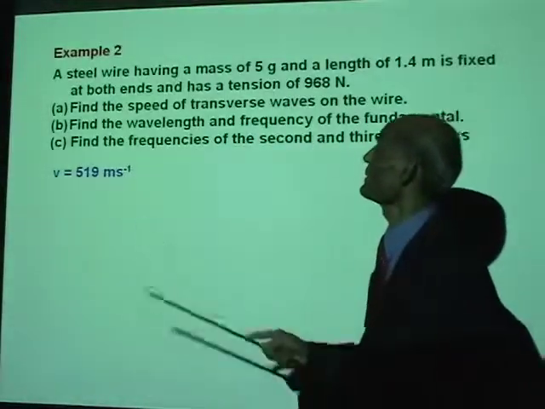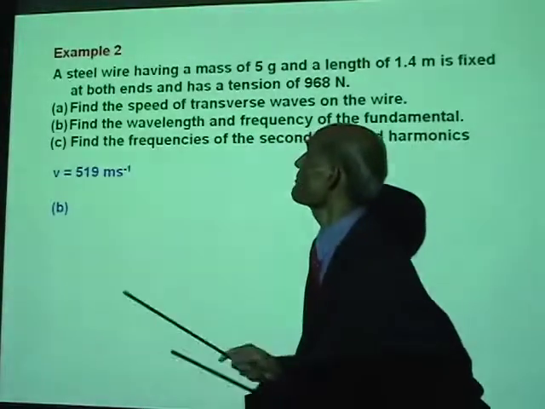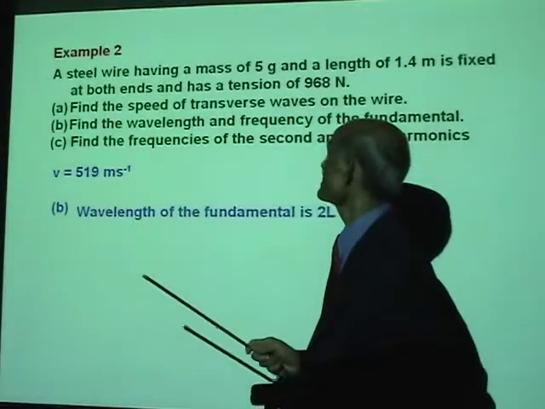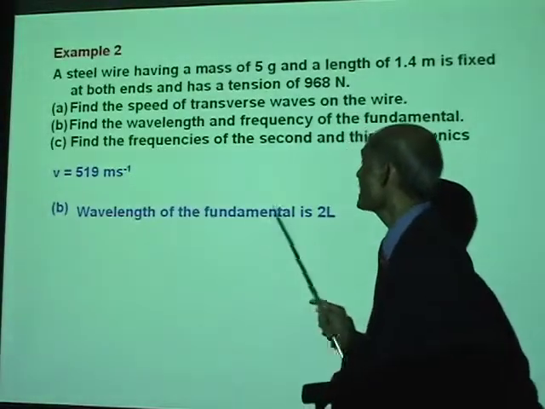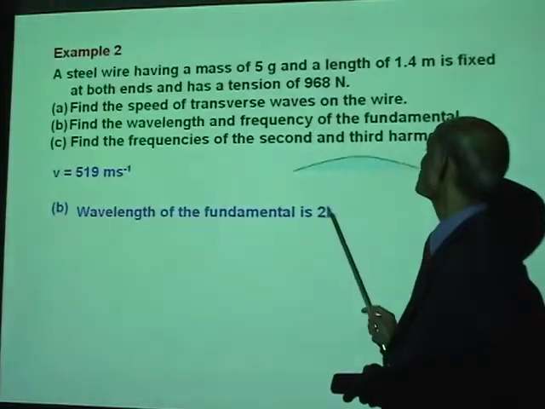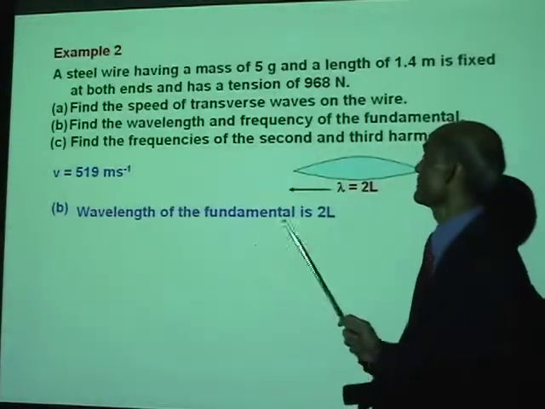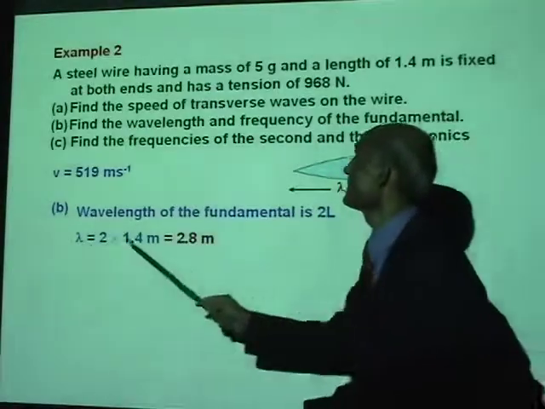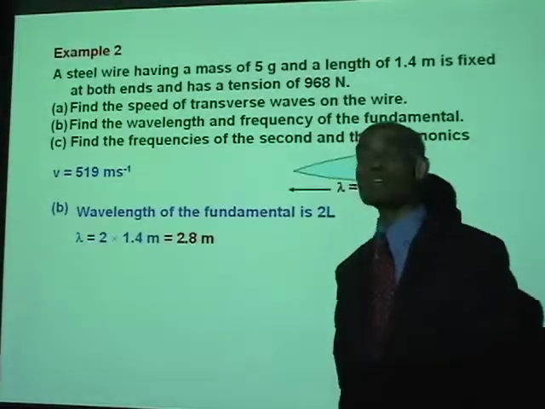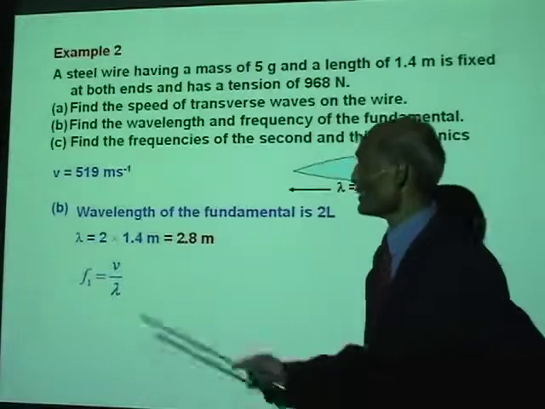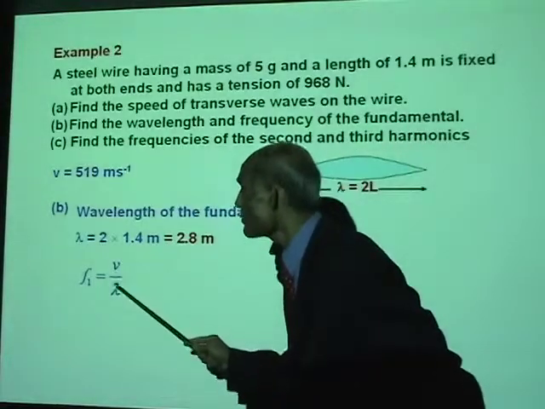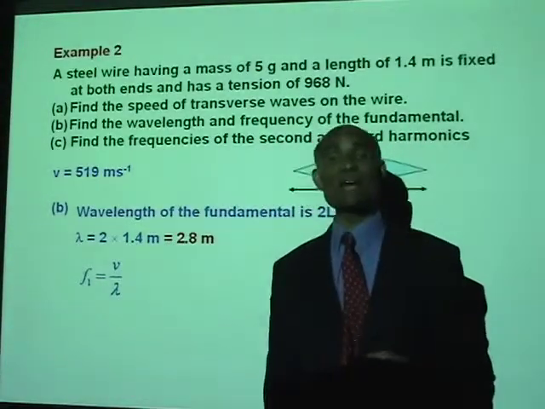Let's do that here. Wave speed is 519 meters per second. And wavelength of the fundamental is 2L, and that's equal to 2.8 meter. The frequency of the fundamental is V over lambda.